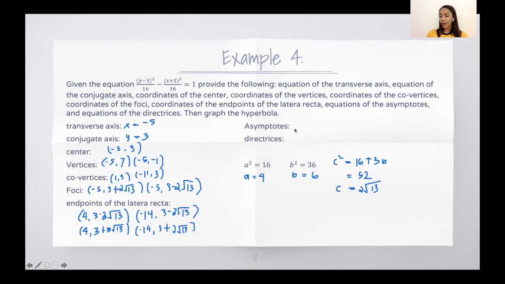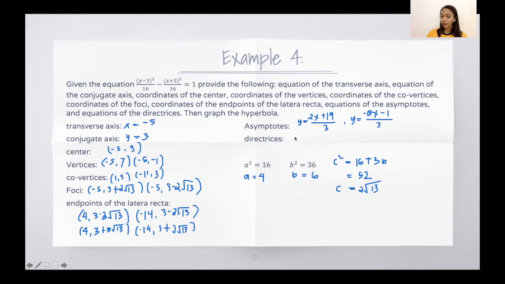For the equations of the asymptotes, we have y is equal to 2x plus 19 all over 3, and y is equal to negative 2x minus 1 all over 3.